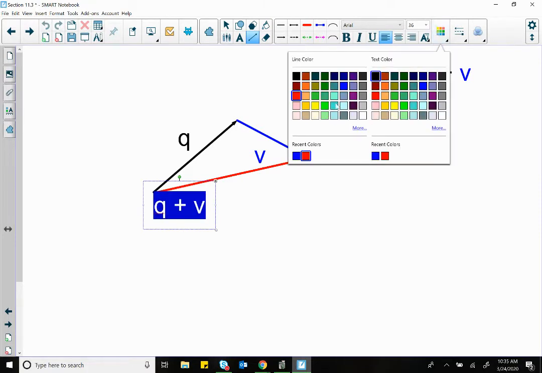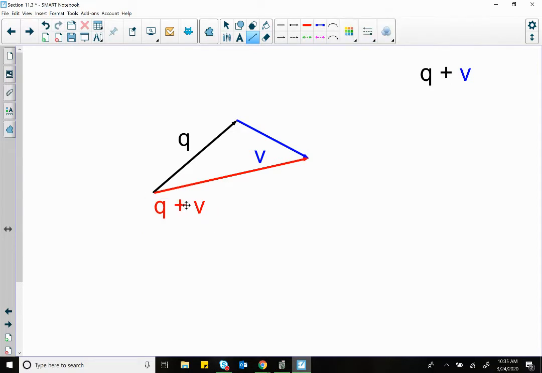Let's make it red. There we go. So that's one way to think about adding vectors.